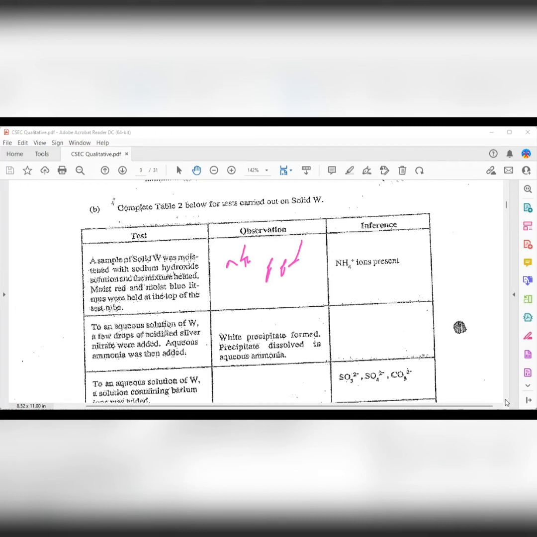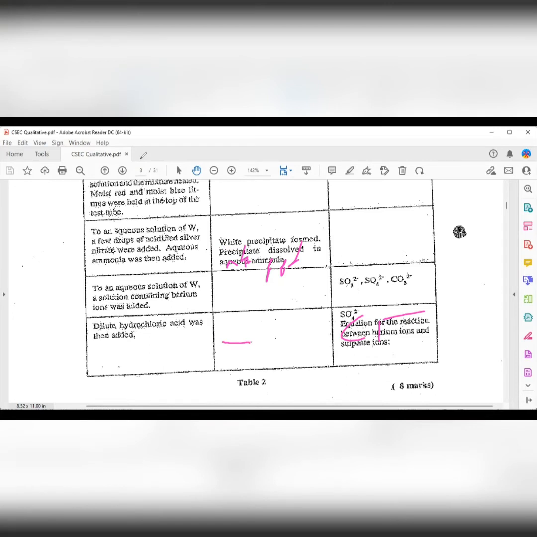Aqueous ammonia was then added. So now they're basically testing for the anion that is present. So it says a white precipitate forms, precipitate dissolves in aqueous ammonia. So the fact that a white precipitate is formed should tell you that chloride ions are present. So what you put over here is chloride ions. Okay, and so we move on.